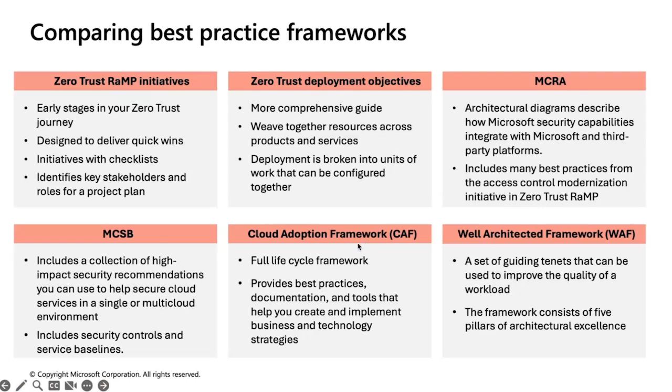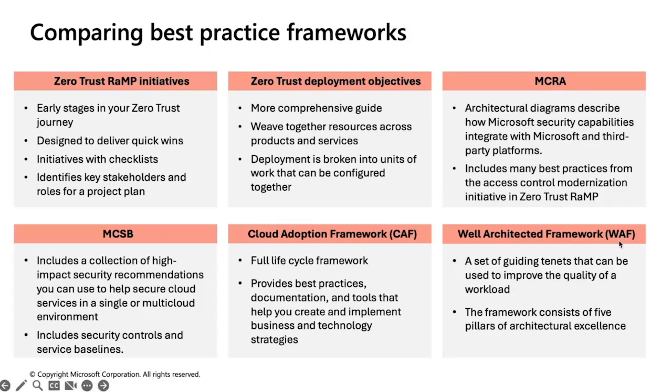CAF, the Cloud Adoption Framework, gives you a step-by-step guideline for multi-stage adoption of the cloud. If any organization wants to adopt cloud, they have different phases in the cloud adoption journey in CAF that they can follow, and in a streamlined process they can start adopting the cloud.